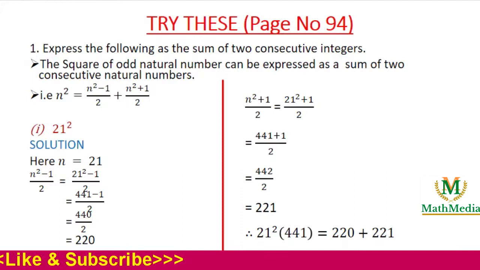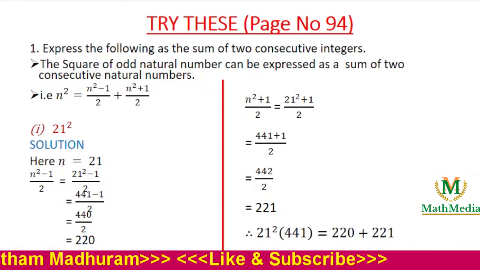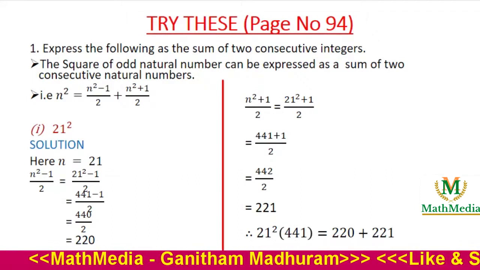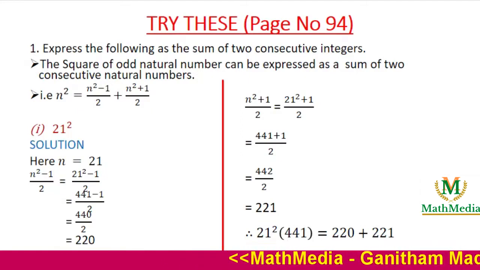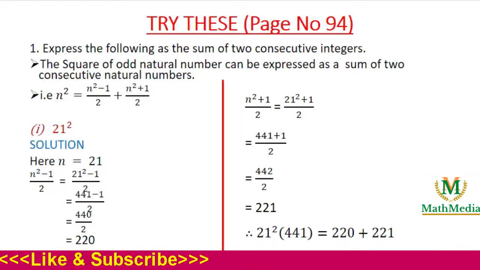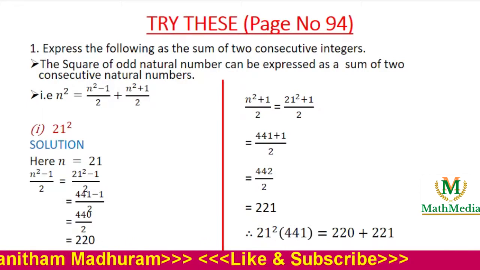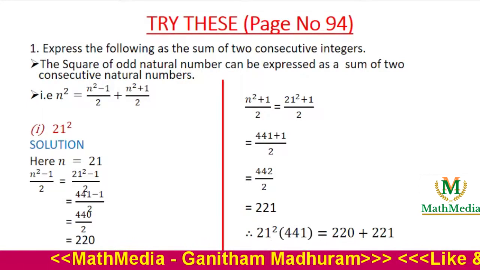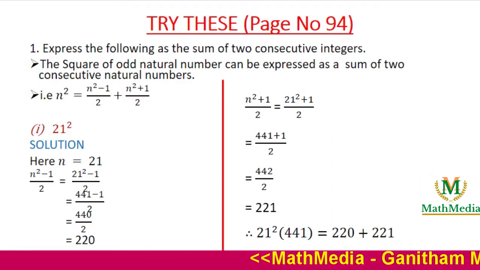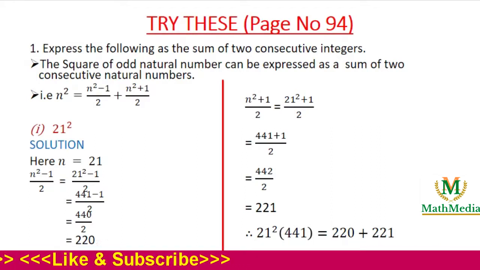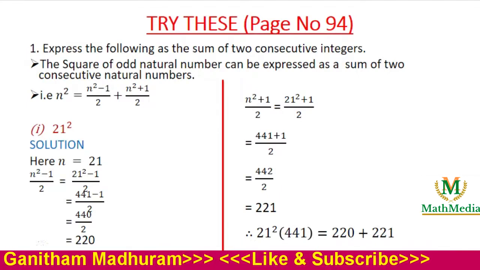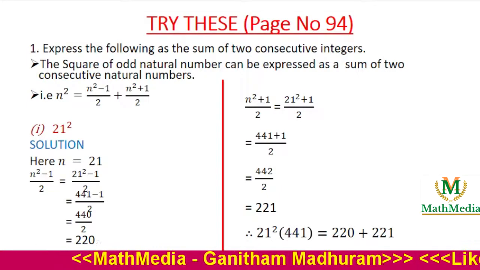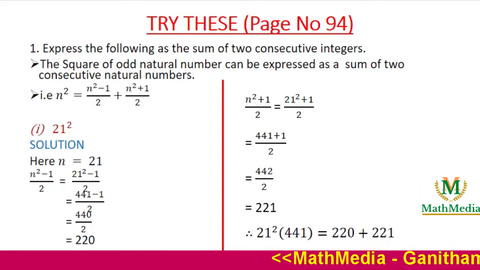Our first term will be (n square minus 1) upon 2, that is (21 square minus 1) upon 2. Square means a number multiplied by itself. So 21 into 21 gives 441, minus 1 is 440, upon 2 gives 220. Then definitely the next number will be 221.